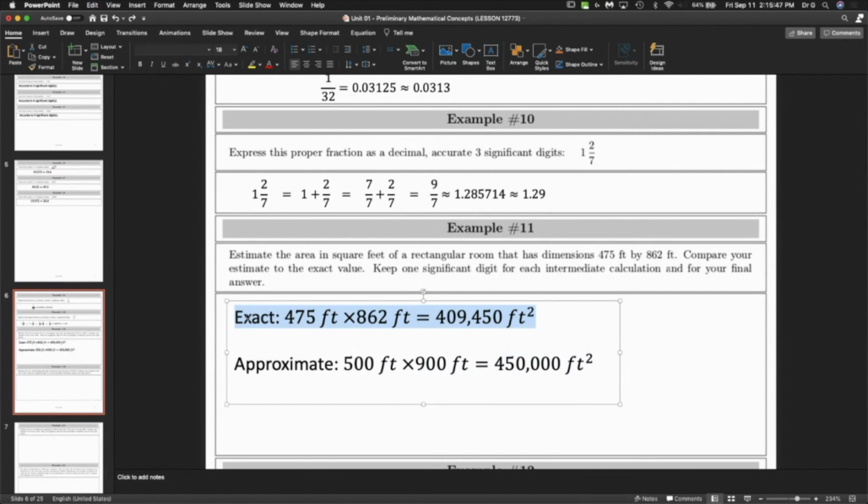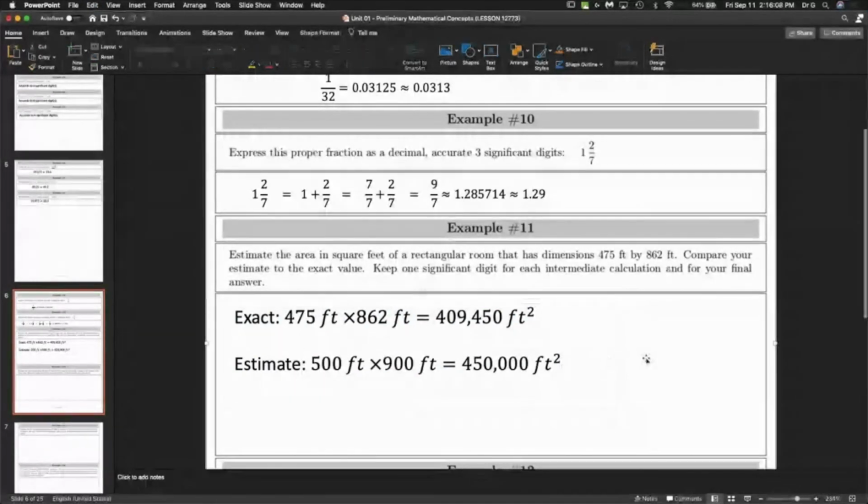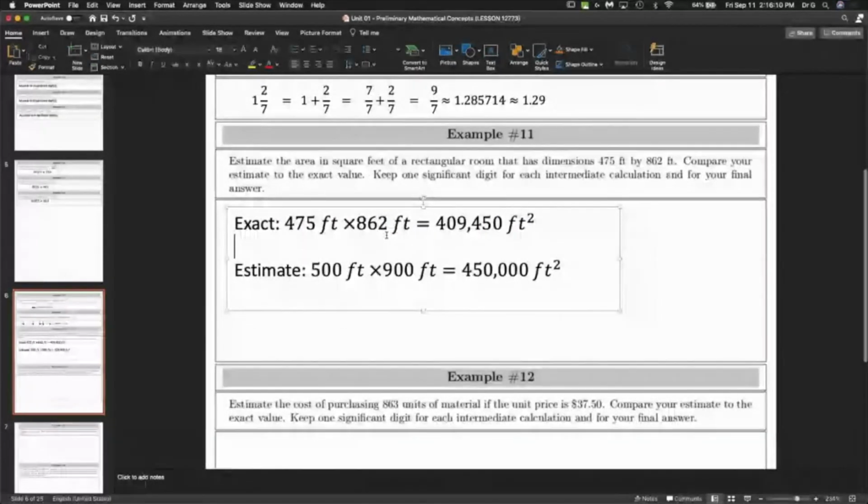But I don't know about you. I'm either not good enough or too lazy to do that in my head. So that's what the estimate or approximate is for. The estimate is there to help you get an answer that's quick and under pressure. Let's try this again on the next example.